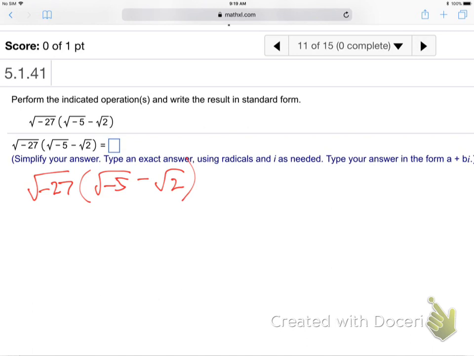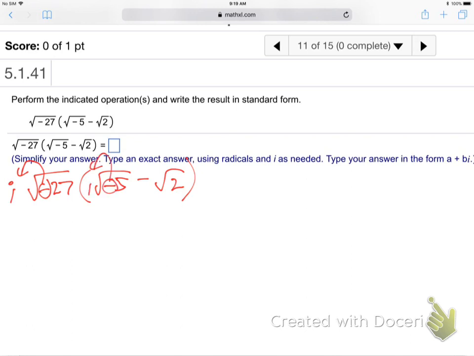So the negatives in the roots kick out an i right away, don't they? So right away, send out an i. This negative comes out as i.